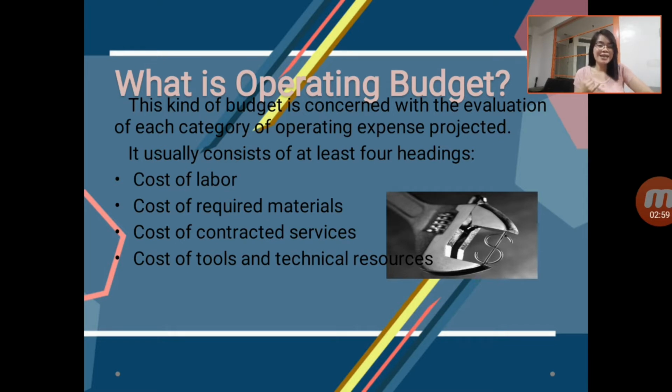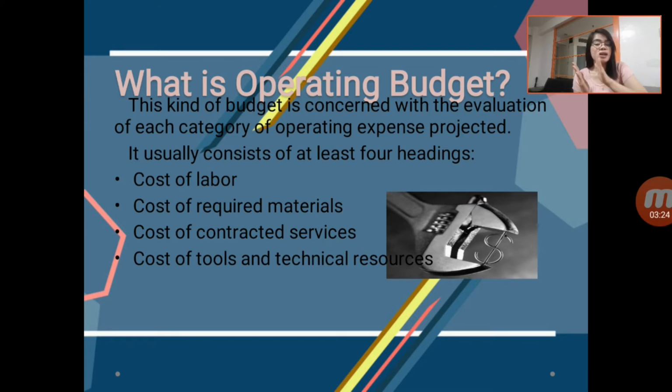Next is the cost of required materials, which is the sum of all the parts and supplies required during the time frame the budget is set to cover. Common examples include oils and lubricants, security elements, miscellaneous and electrical equipment, and etc. Next is the cost of tools and technical resources.